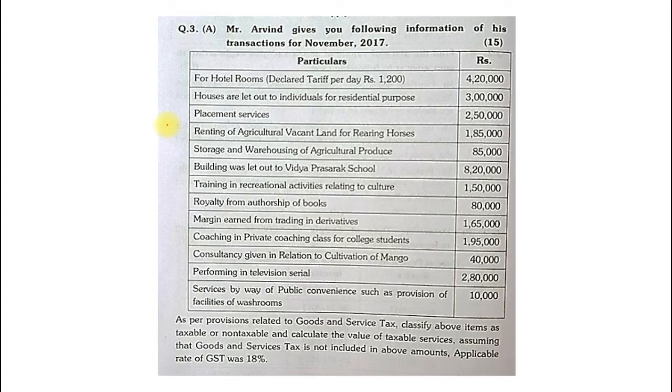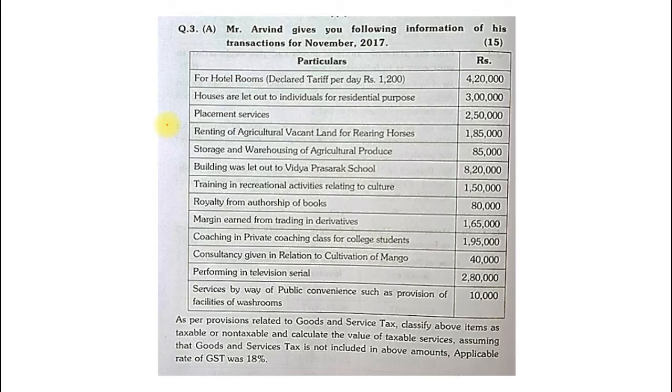Now, a very simple trick to remember this: anything related to government is exempted, anything related to raw material, that is agricultural raw material, is exempted. If anything is given for residential purpose, no tax. If it is commercial, yes, taxable. For hotels, if the tariff of the room is less than 1,000, no tax.